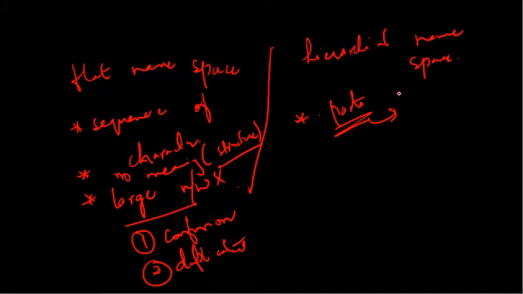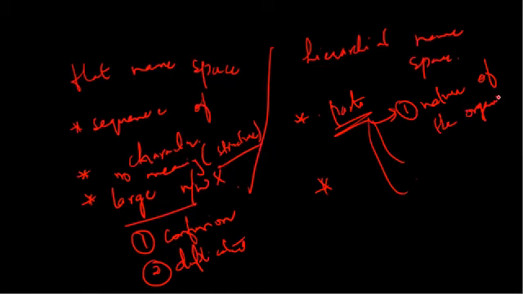Here the name is divided into parts: the first part describes the nature of the organization, and the second part may define the name of the organization. Then the third part can define the departments and so on. So it may have some kind of structure or meaning.